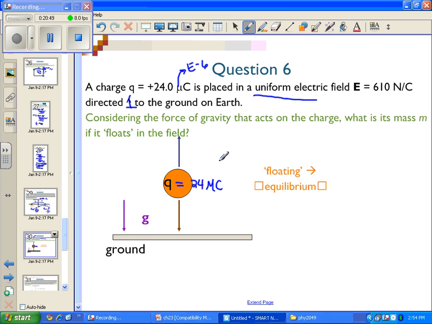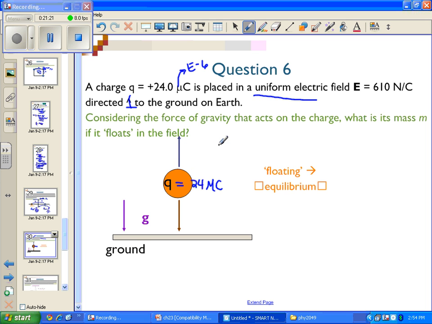So then it says, consider that not only will the electric force due to this electric field act on the charge, so does the force of gravity. So, being that this charge is subjected to two forces, the question asks us to determine for what mass of this charge will it be able to float in the presence of both fields.